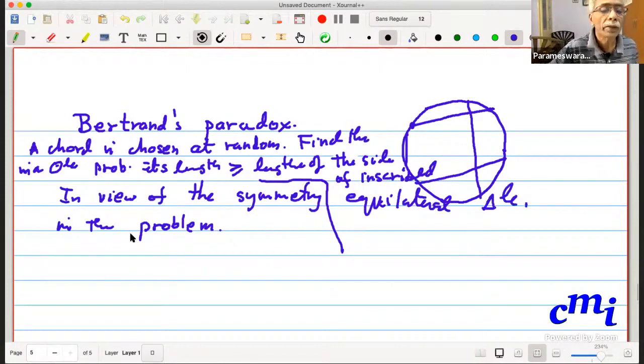Sorry about that. Okay. In view of the symmetry in the problem, we may fix the following.